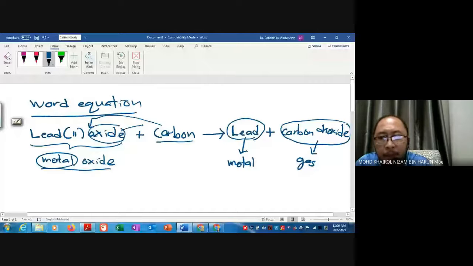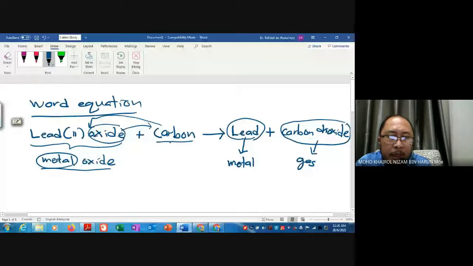That's why the oxygen is taken by the carbon, and it will form carbon dioxide and leave lead itself. Just a simple explanation: carbon is more reactive than lead itself, so it can take the partner of the lead, the partner of this metal, and form carbon dioxide.